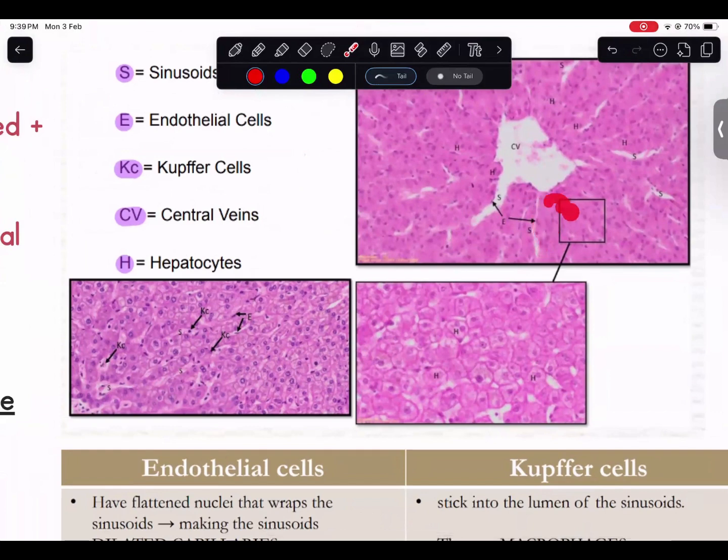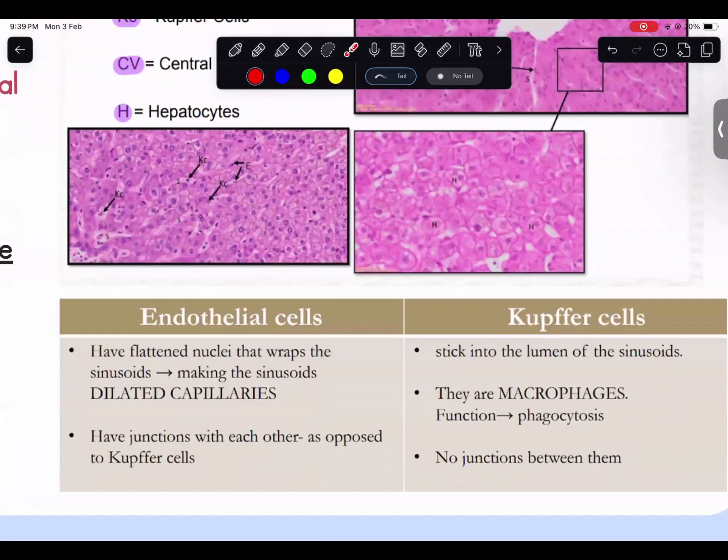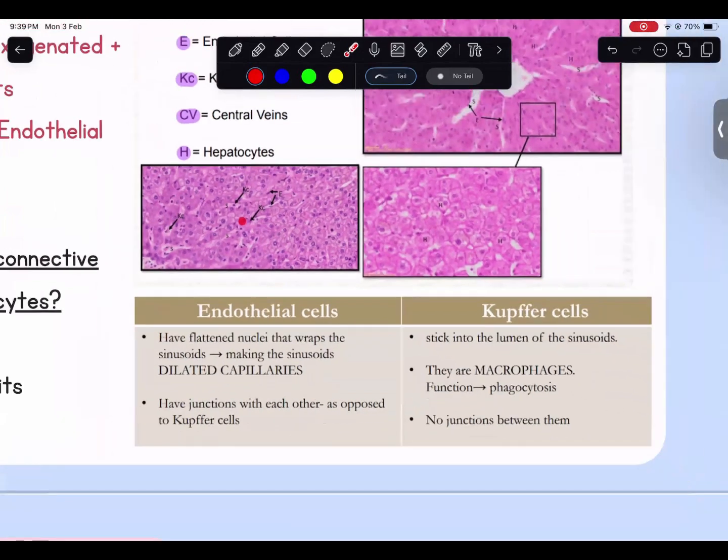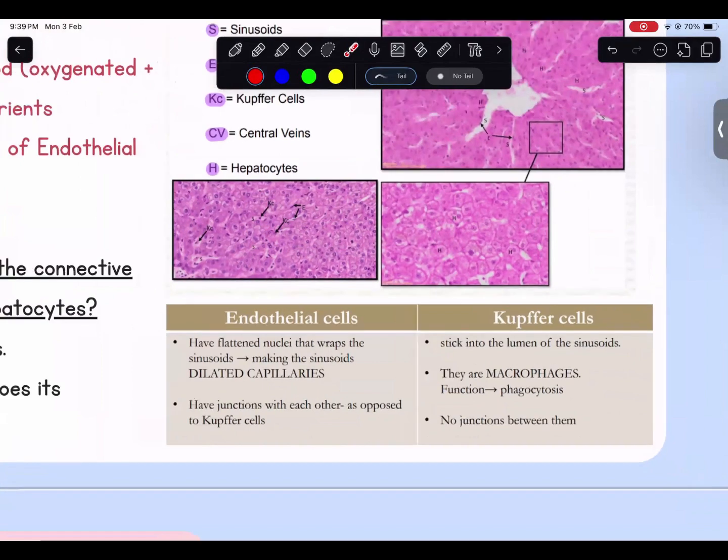They're just going to be as a cluster beside the sinusoids, if that makes sense. So the main differentiation is that endothelial cells usually have flattened nuclei, and Kupffer cells are like macrophages, so their function is basically phagocytosing, and they have round nuclei with a dense cytoplasm that you can differentiate them by.